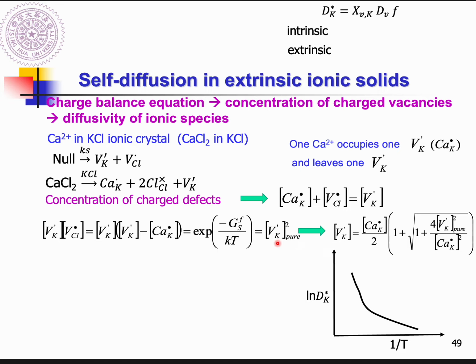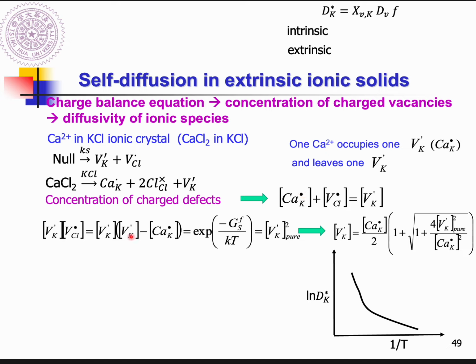The charge carrier Ni square will be equal to the concentration of N times the concentration of P carrier, right? So the same idea, before dopant VK prime square equals after dopant VK times VCl. And the VCl part we substitute with VK prime minus the calcium at potassium side with 1 positive charge.